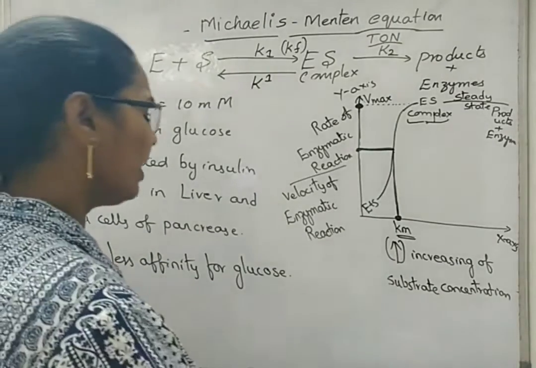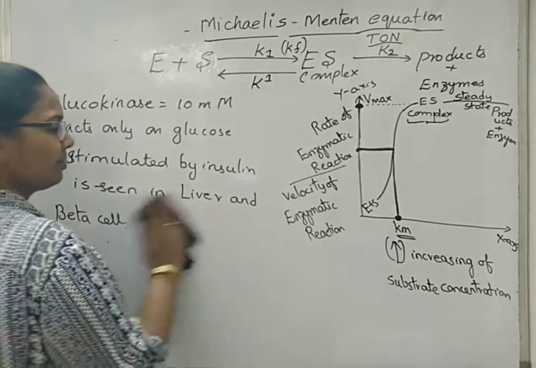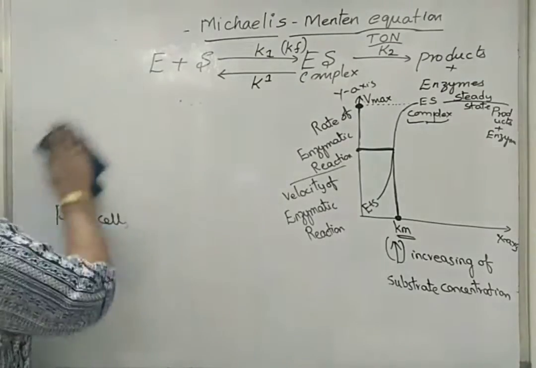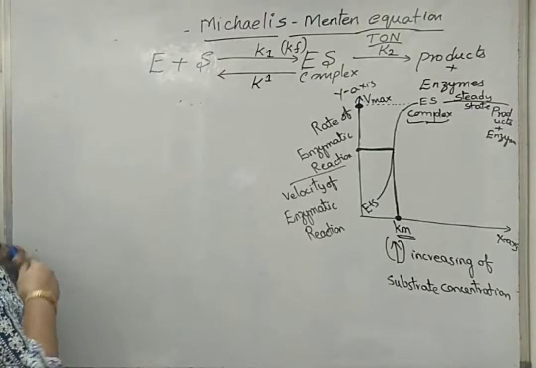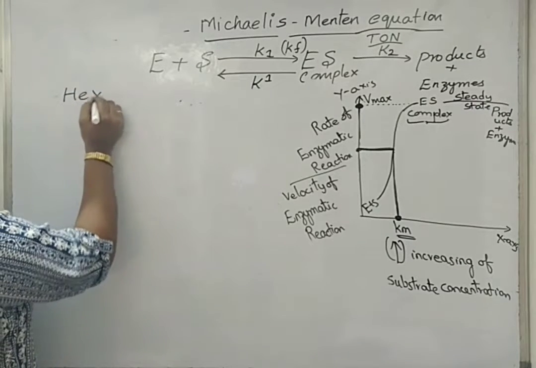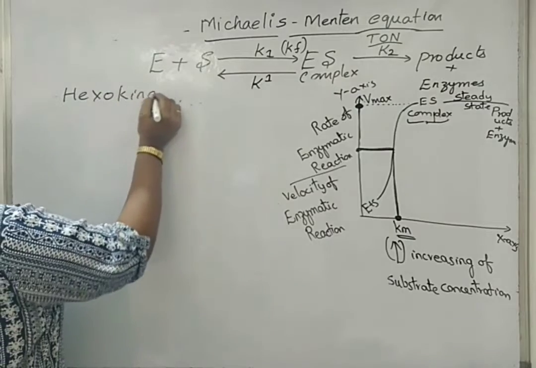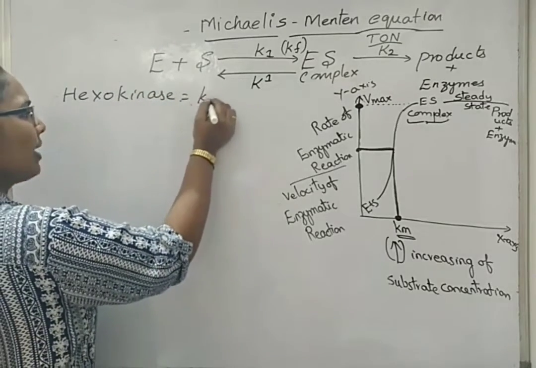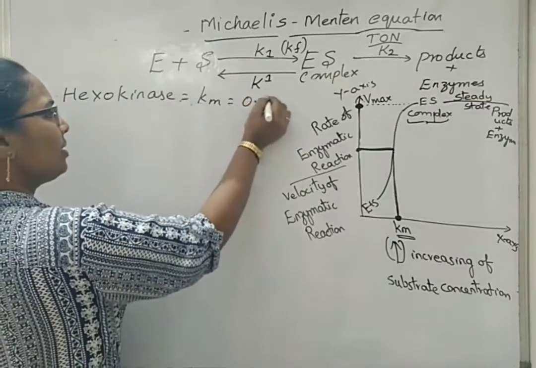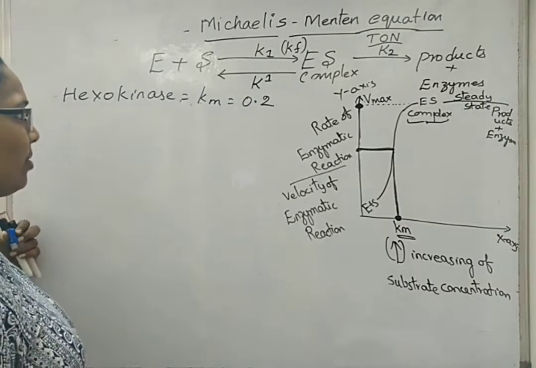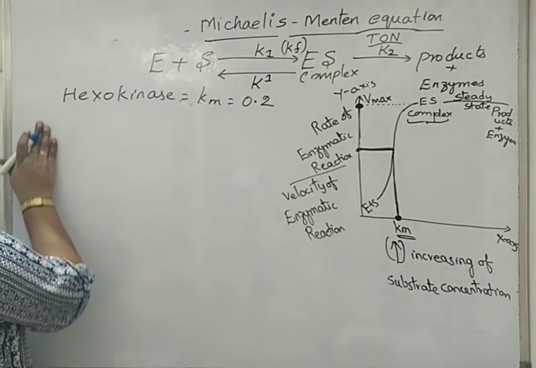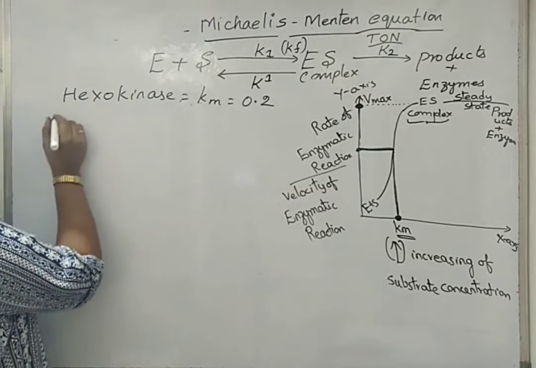Next one, about hexokinase. Hexokinase half Vmax or Km value is 0.2. Means a very small number of substrates can stimulate this hexokinase and make it reach the half maximum velocity.